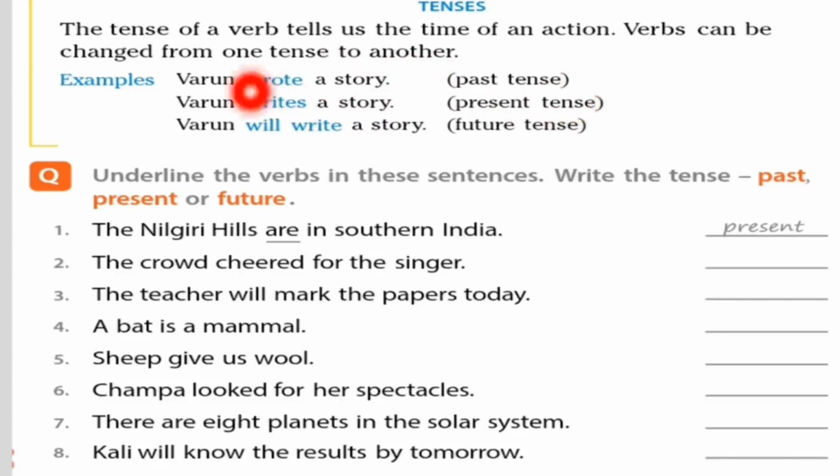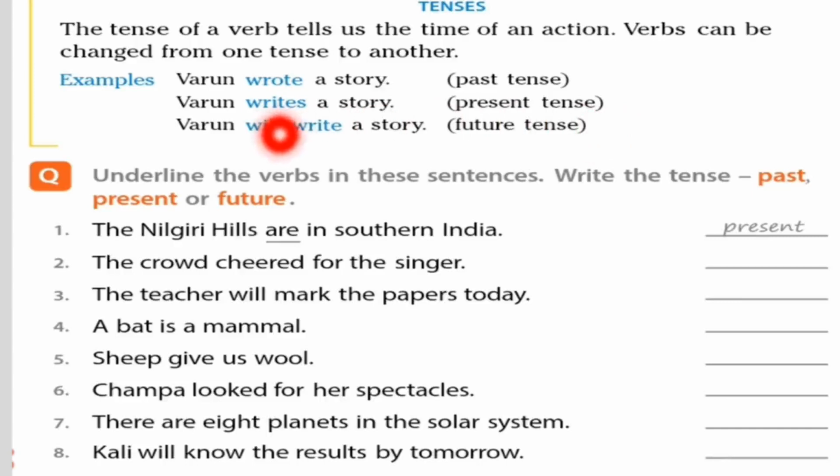Past, right? Varun wrote a story. It is showing the time of past. So the word is past tense. Varun writes a story. Let's see the verb in the sentence. Writes. Writes is a present tense.